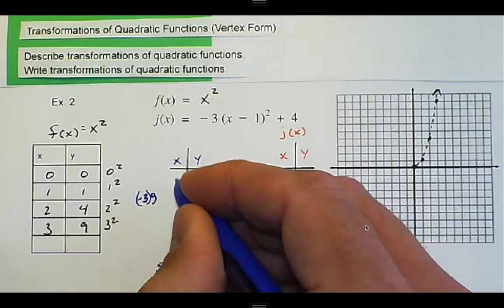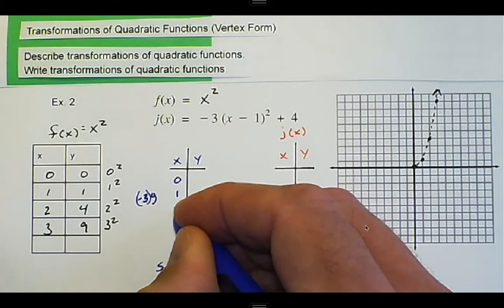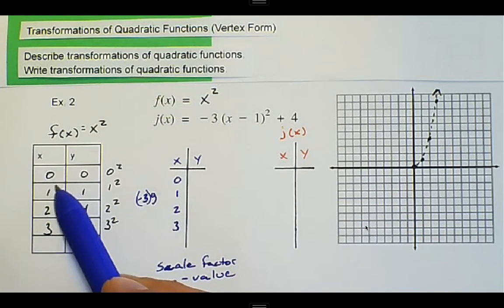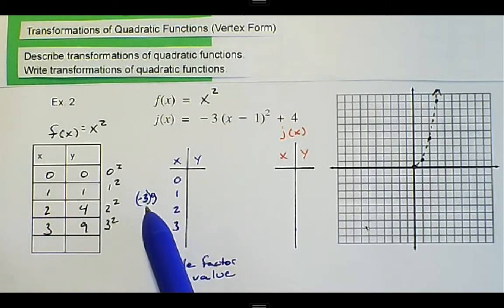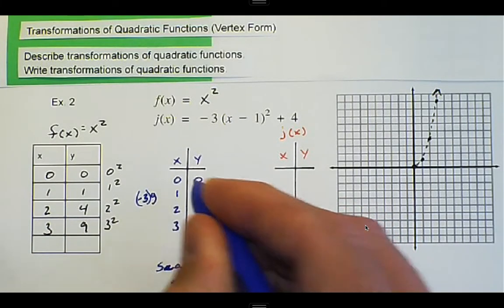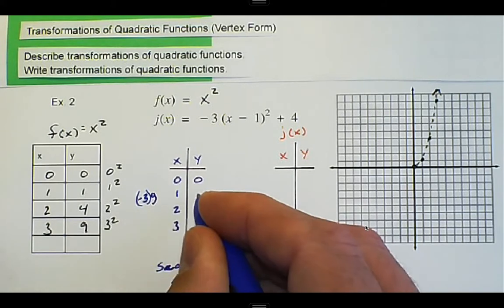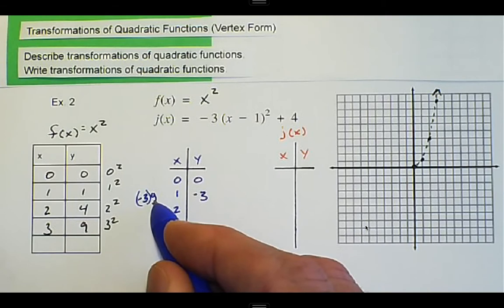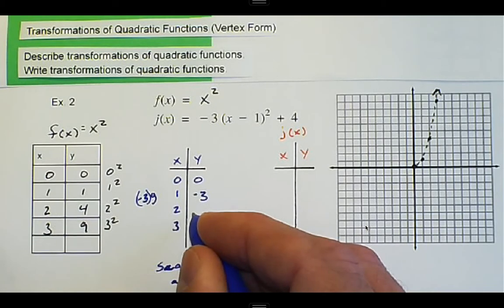So the x value is not going to change: 0, 1, 2, and 3. That's always going to be the same. Now we say 0 times negative 3. That's still 0. 1 times negative 3 is negative 3. 4 times negative 3 is negative 12.